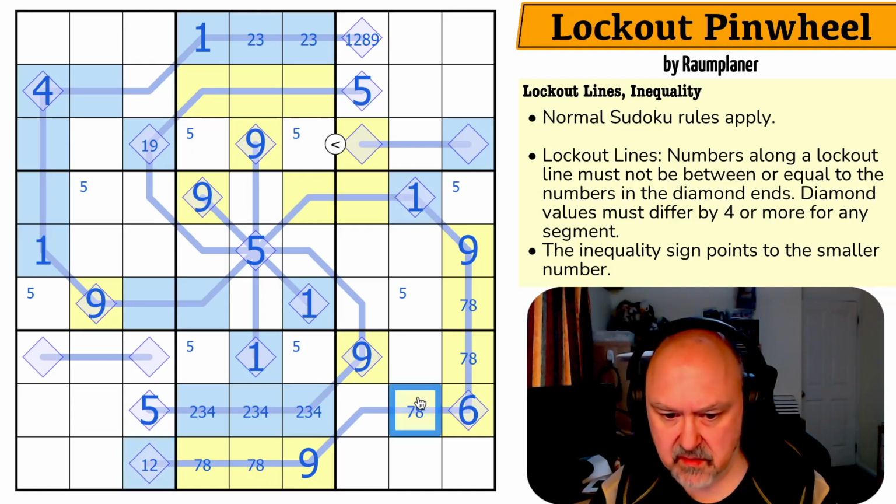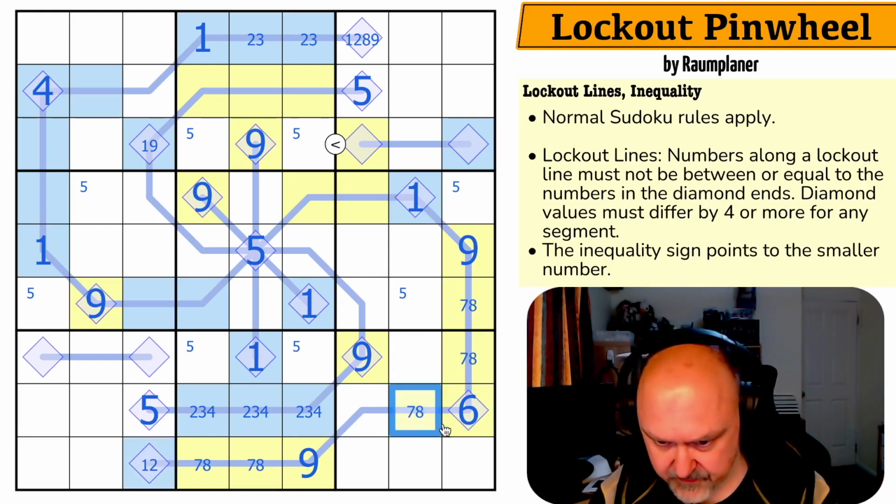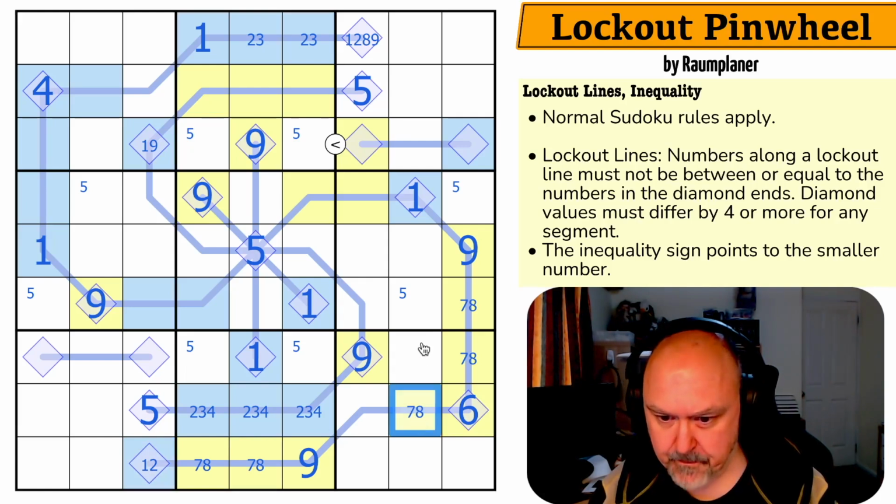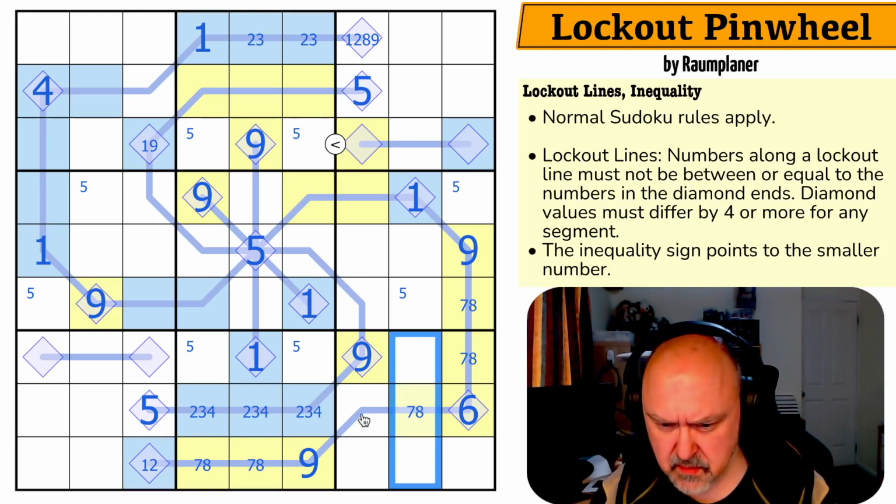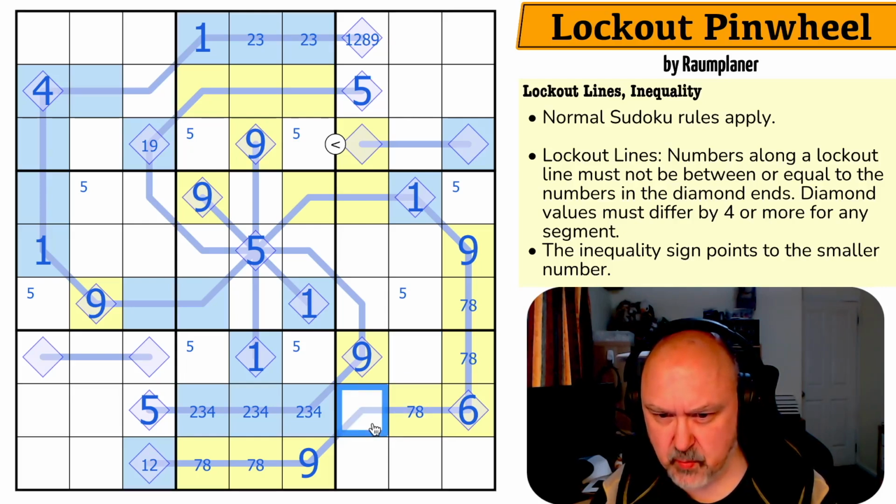It can't be 1, and it has to be outside the range of 6. So if this was a 2, it would have to be 7, 8, or 9, and it can't be 1 or 9. Yeah, it's 7 or 8. So 1 in this box. No, it could be there. That still could be 1.